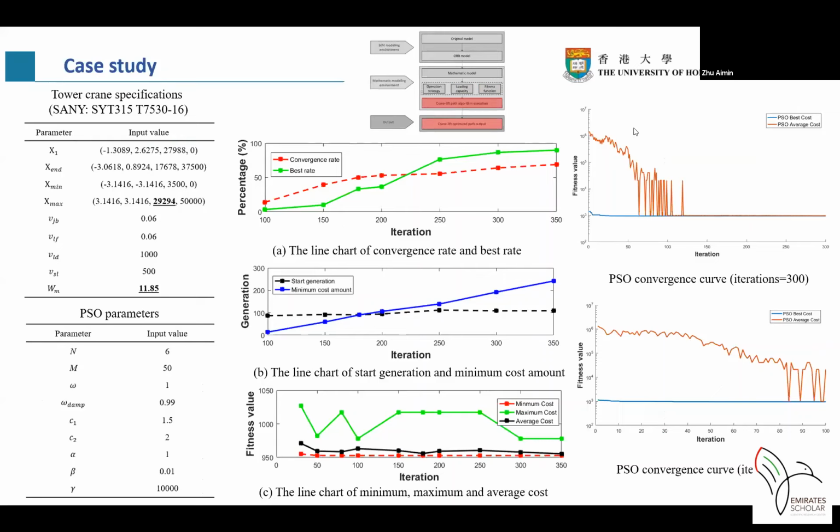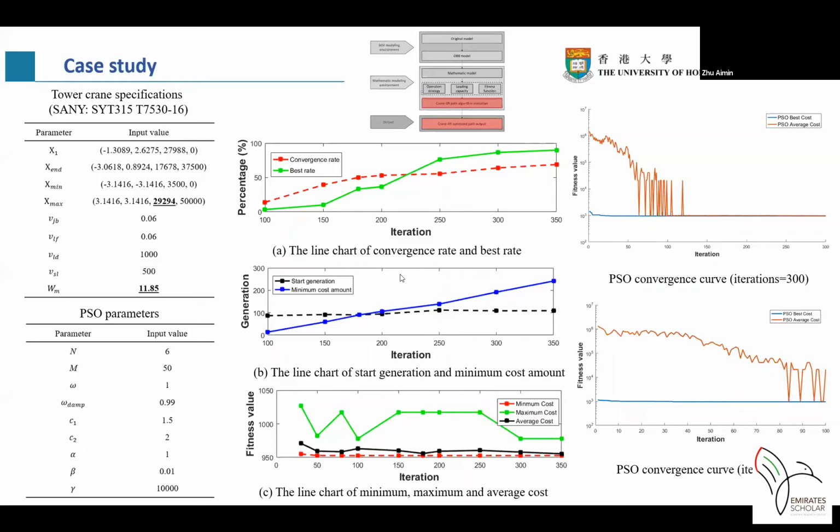From the picture on the top right, you can find that PSO can find the optimized result very quickly, at around 120, when iteration is set as 300. And we also give a failed example. When the iteration is set as 100, it cannot guarantee to find the optimized result every time.